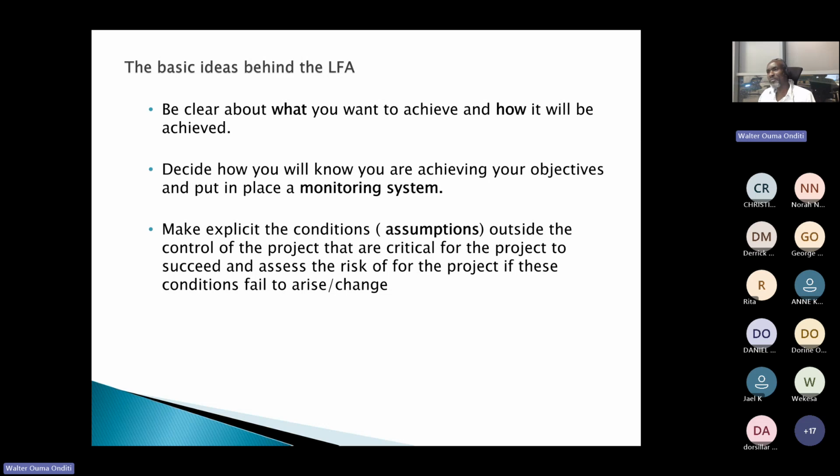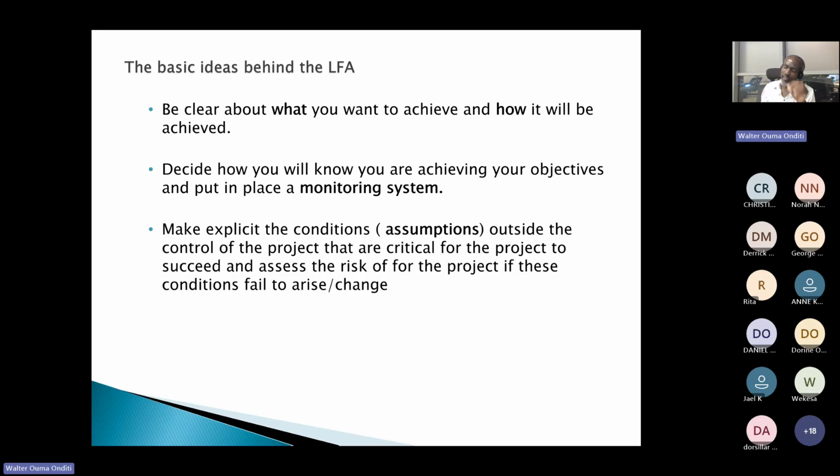And then, of course, we are saying make explicit the conditions, that is the assumptions, outside the control of the project that are critical for the implementation or success, and assess the risks for the project if these conditions fail to arise. What I'm saying is, first of all, look at the risks that will prevent you from doing this, and you frame them in the positive. We are saying friendly government policies.